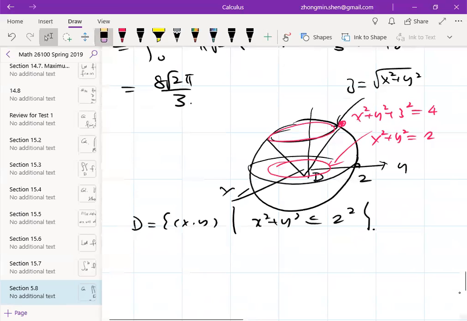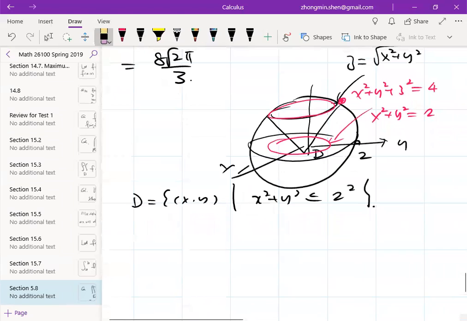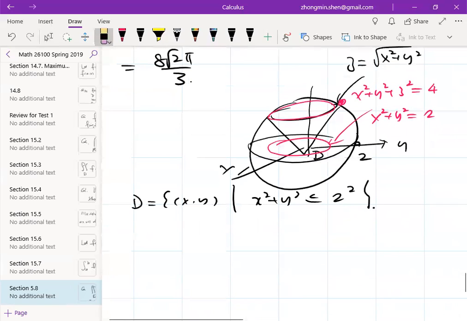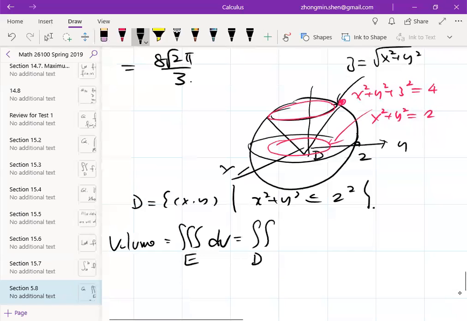Okay, that's it. And now we're going to set up the integral. What I'm going to do is use an iterative integral for this triple integral. Then you have to determine the z for every point in the region.